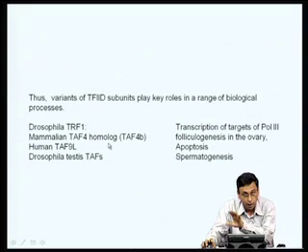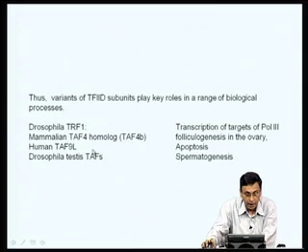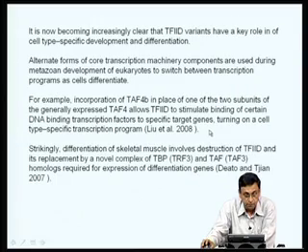Certain RNA polymerase III promoters are also regulated by TRF1, and TAF4B is essential for folliculogenesis in the ovary. In mammals, there is a human variant of TAF9 called TAF9L, which is involved in apoptosis, and in Drosophila, there are certain variants of TAFs which are expressed in testes, and these testis-specific variants of TAFs are very important in spermatogenesis.